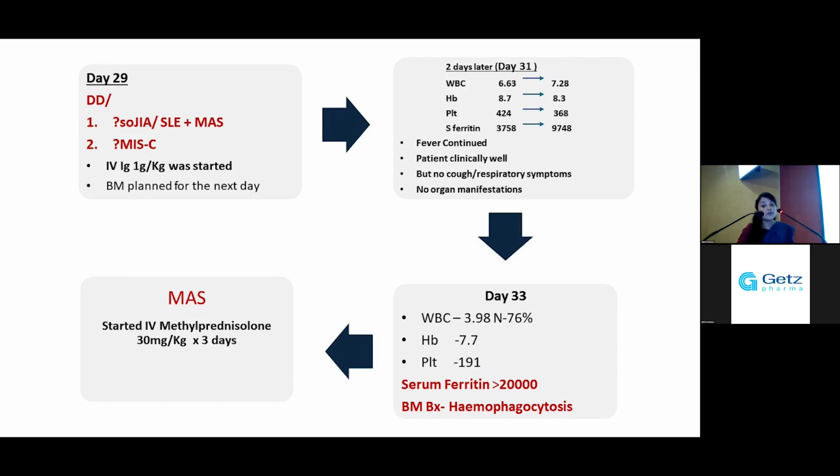And at that point, the repeat serum ferritin came as more than 20,000. And the bone marrow biopsy showed hemophagocytosis. So with these clinical findings, we came to the diagnosis of macrophage activation syndrome and started IV methylprednisolone pulse therapy immediately on the same day, on day 33.